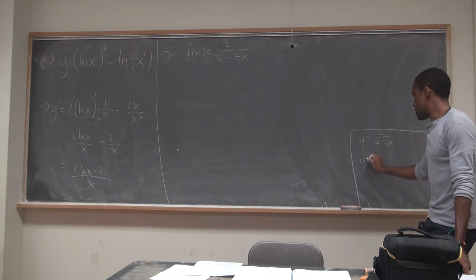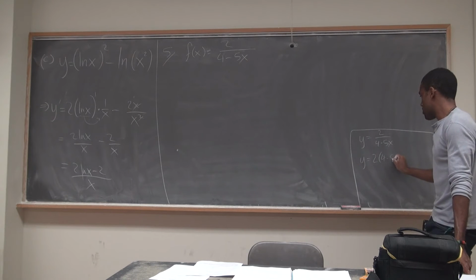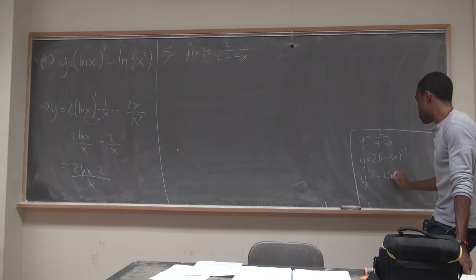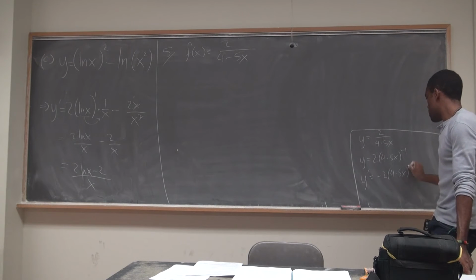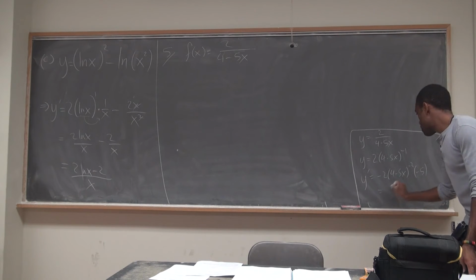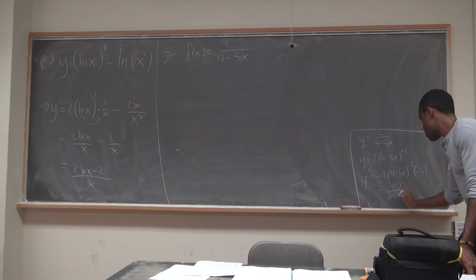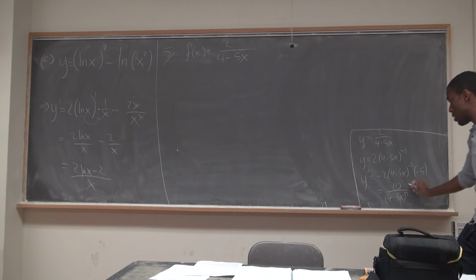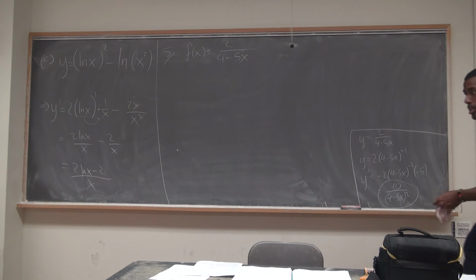Bring it up. So y is 2 times 4 minus 5x to the minus 1. So my y prime is going to be minus 2 times 4 minus 5x to the minus 2 times minus 5. And so it becomes 10 over 4 minus 5x squared. So when you go through that whole limit, that's what you should get. Do that in the corner.